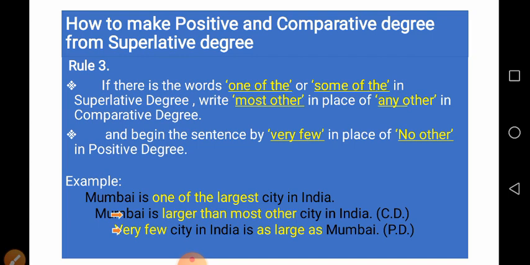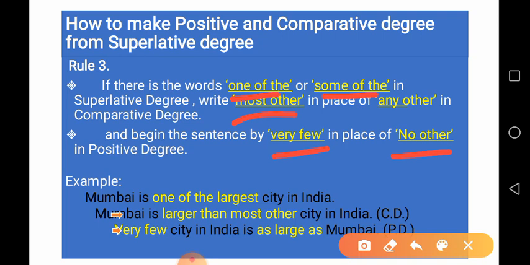If there is the word one of the or some of the in the superlative degree, write most other in place of any other in the comparative degree, and in place of no other, use very few while making the positive degree.